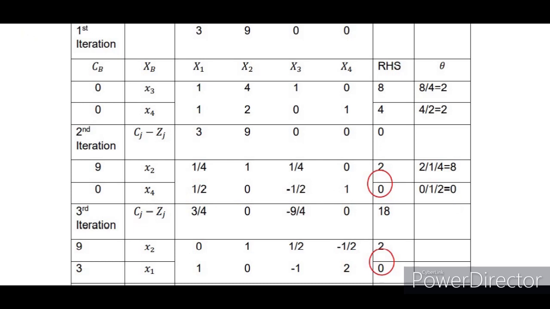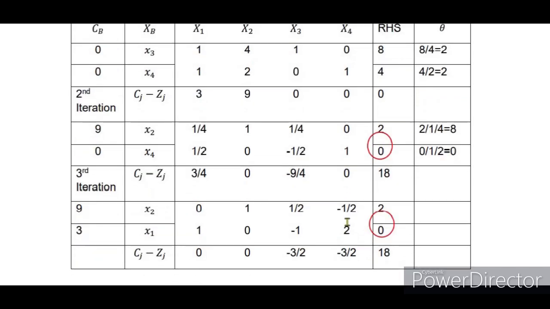So now we will choose 0 because it is not negative and it is the smallest value of theta. Okay? So x sub 4 will be replaced by x sub 1. Okay? So our pivot element is 1/2.